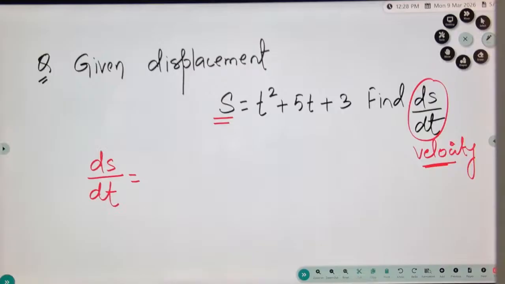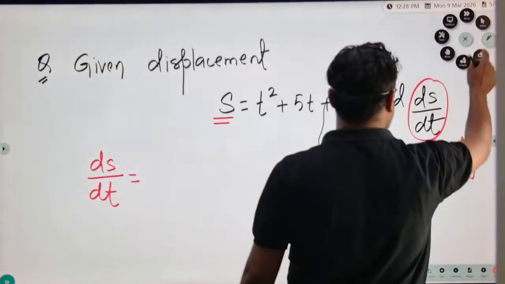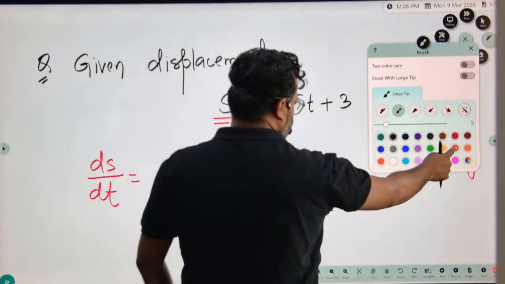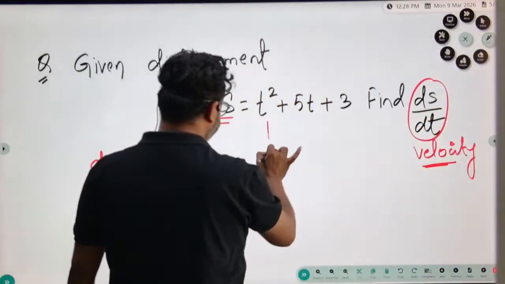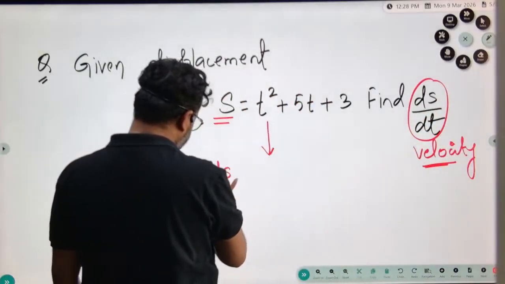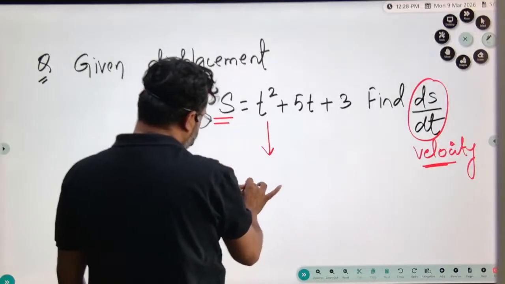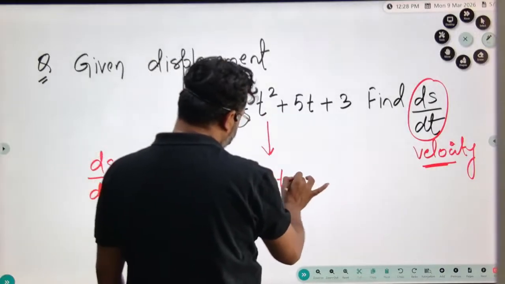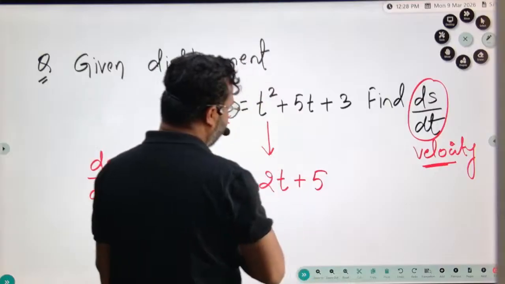It is equal to 2t. ds over dt, right? t square gives 2t, plus 5.